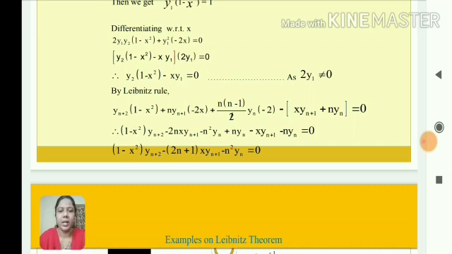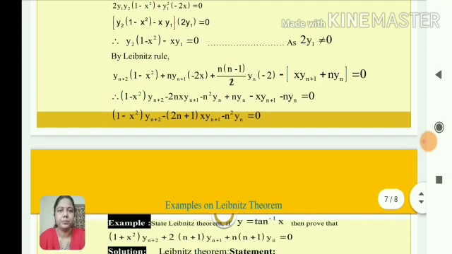Now we are in a position to apply the Leibniz rule, because in this equation we have the term y2, and we have to find the equation in terms of yn plus 2. If we apply the Leibniz rule, y2 will become yn plus 2, because we are going to find the nth derivative. Now you see how we can apply the Leibniz rule and get the final answer.